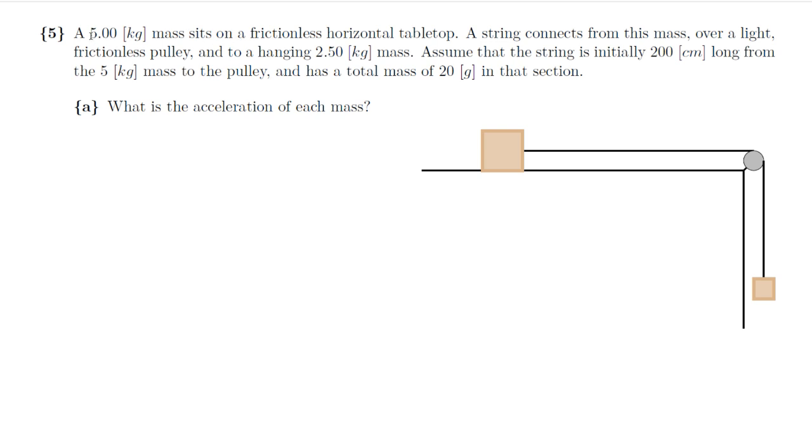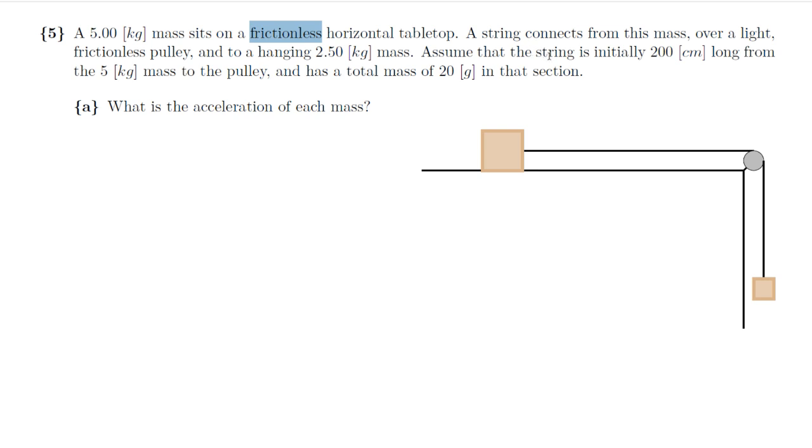So, a 5 kilogram mass sits on a frictionless, that's the first thing that's different, on a frictionless horizontal tabletop. A string connects from this mass over a light frictionless pulley and to a hanging 2.5 kilogram mass.